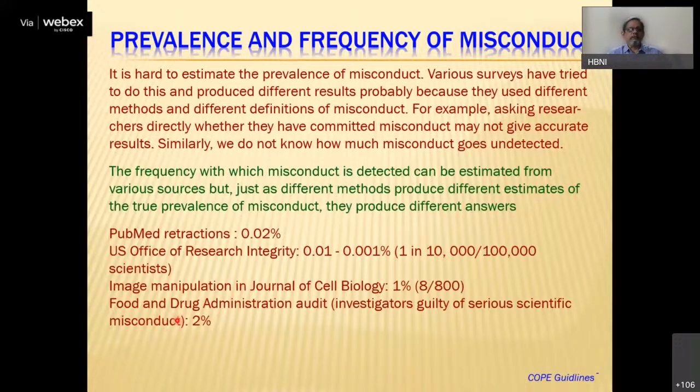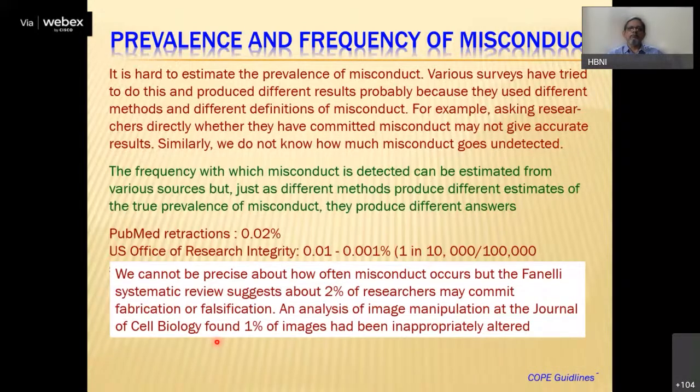And the FDA audit, that means investigators guilty of serious scientific misconduct, showed 2%. But these numbers depend on the response you get from the field, and the suspicion is that the numbers could be much more than what has been given here.